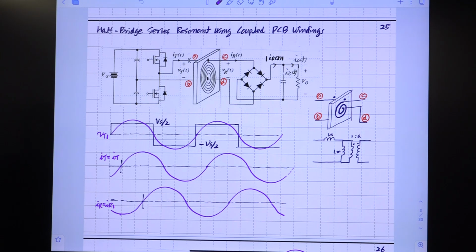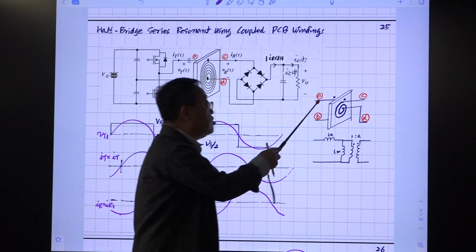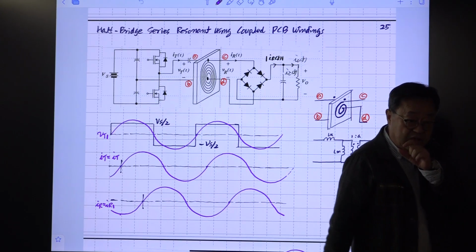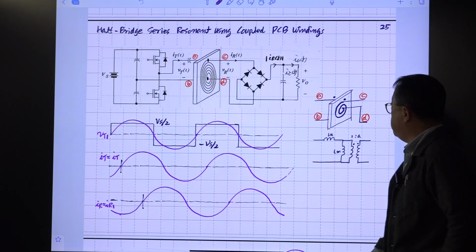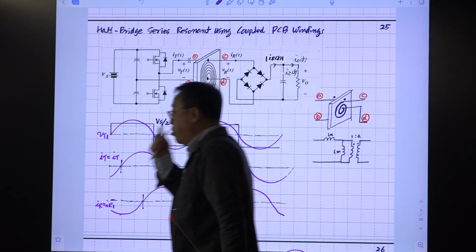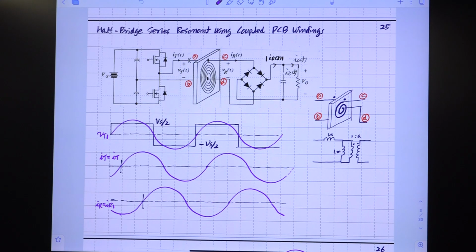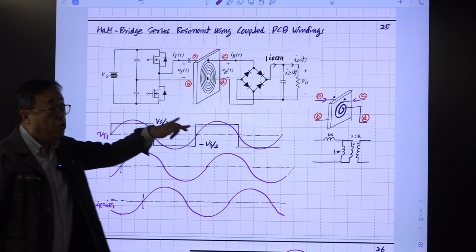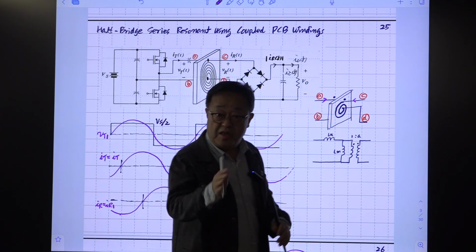And this is the definition of the dot. This is a coupled inductor, so we need to have this dot convention. This dot means if one current is entering through the dotted terminal, and the other current is also entering the dotted terminal of the winding, then the flux generated by those two windings is mutually additive.